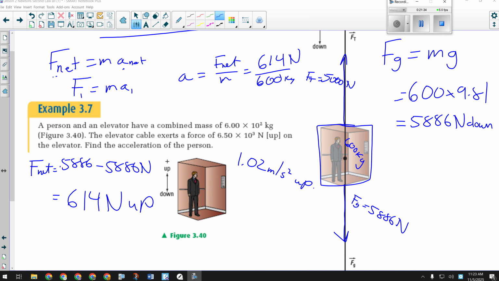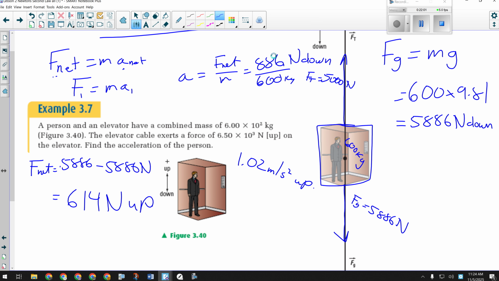So if we change the force that the elevator exerts to 5,000 newtons, what's our net force? 886 newtons down. So now we still go back to this, but instead of having 614 newtons up, we're going to have 886 newtons down. So that's our net force.